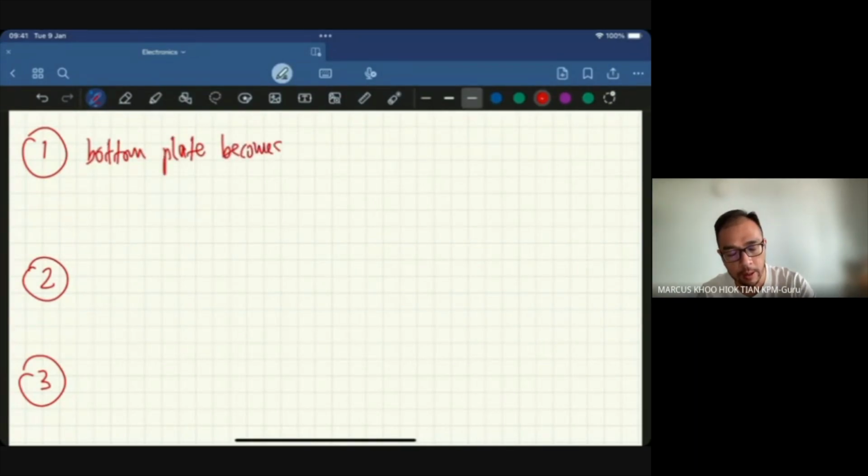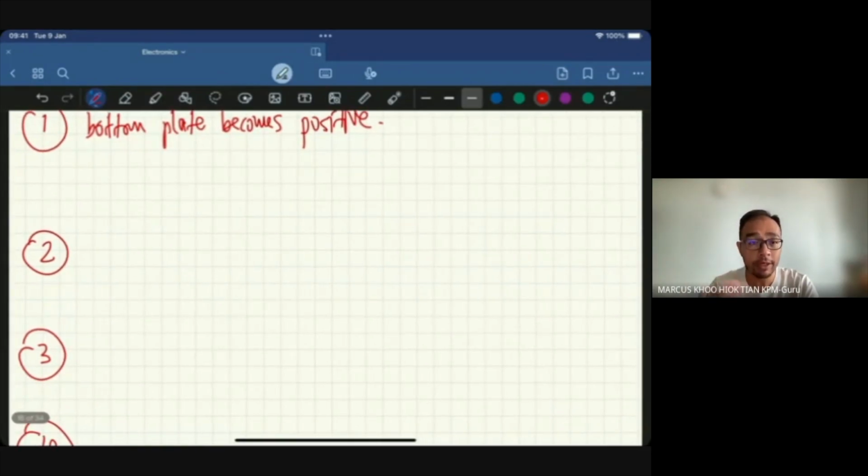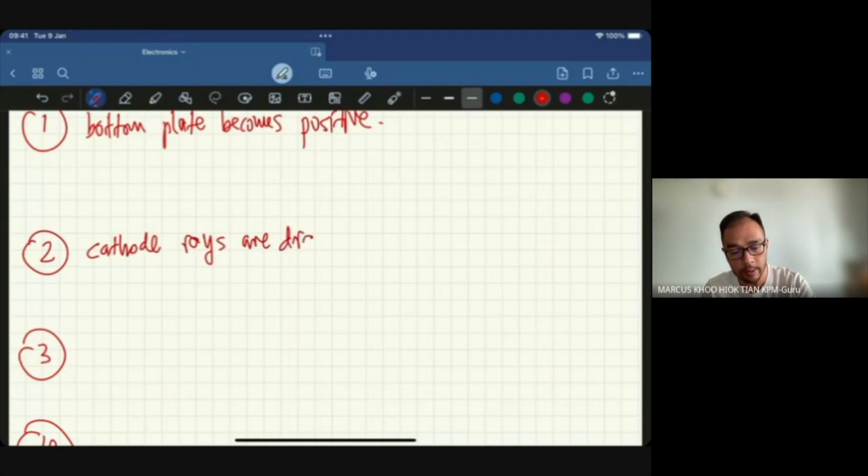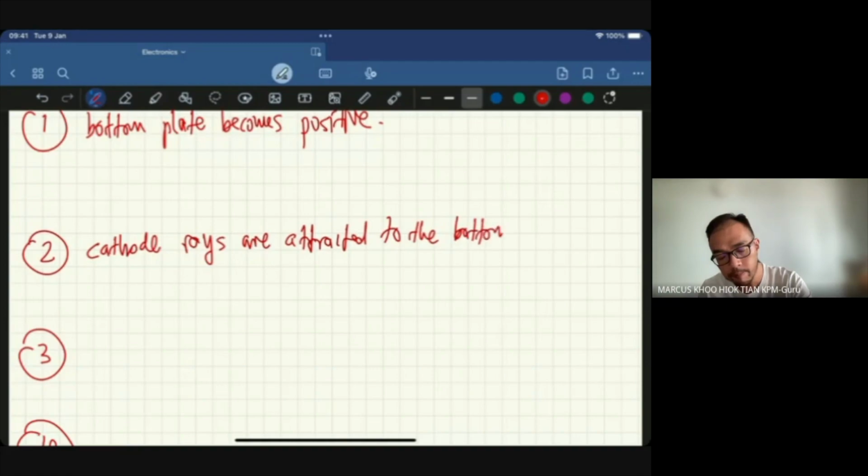And because the bottom plate becomes positive, the cathode rays are attracted to the bottom plate.